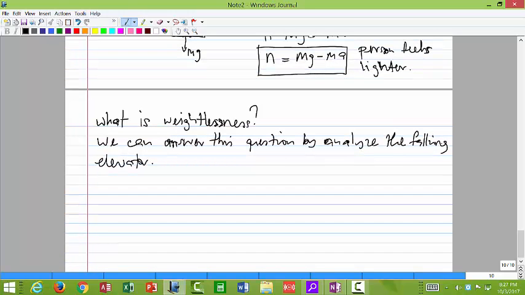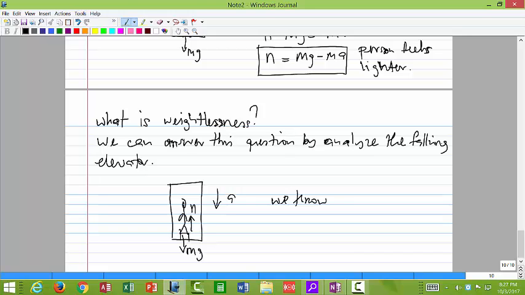Let's say you have a person in an elevator that is falling. This person is standing in the elevator and it's falling at an acceleration a. We've already seen this scenario, so let me do it quickly. N is the support force, mg is the weight, and so we know that the support force N is equal to mg minus ma.